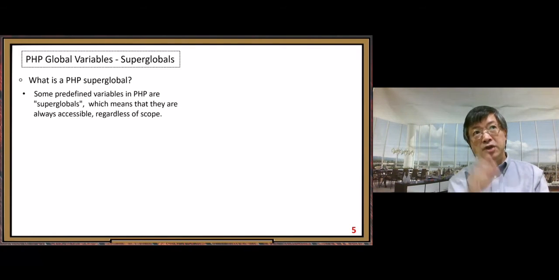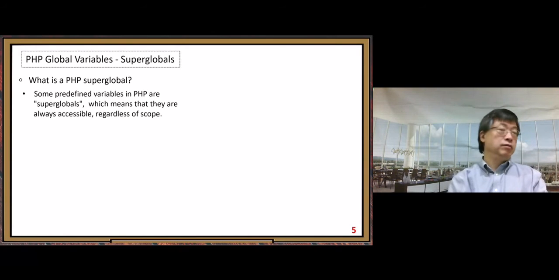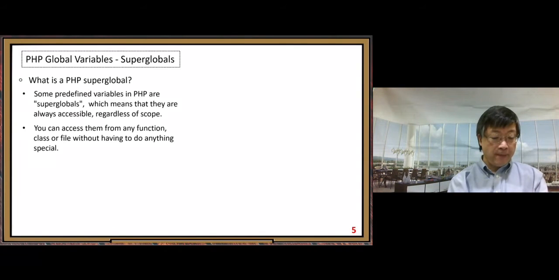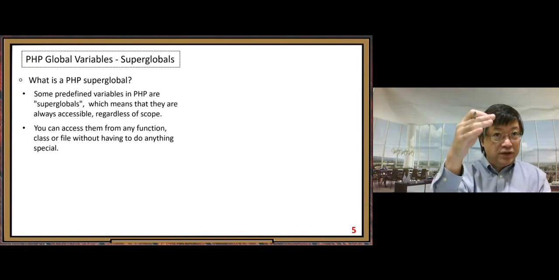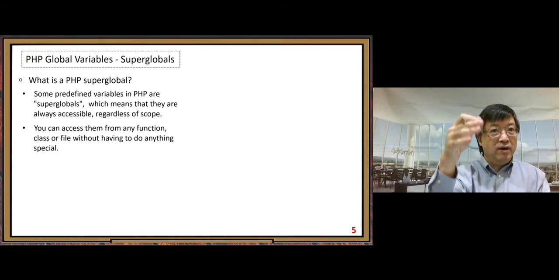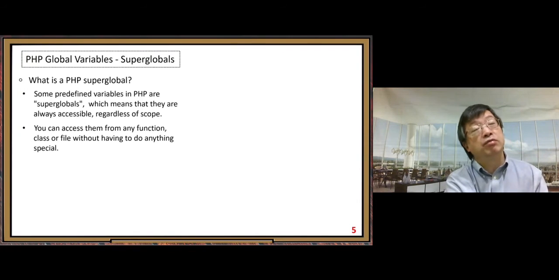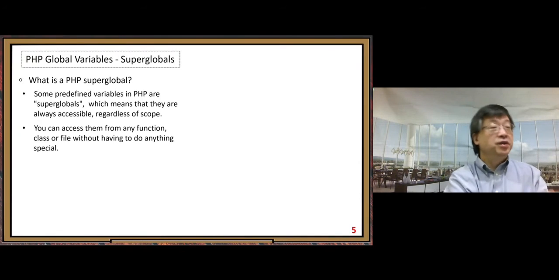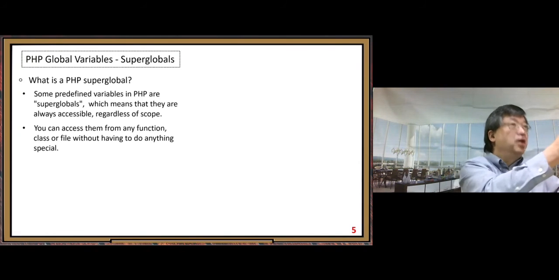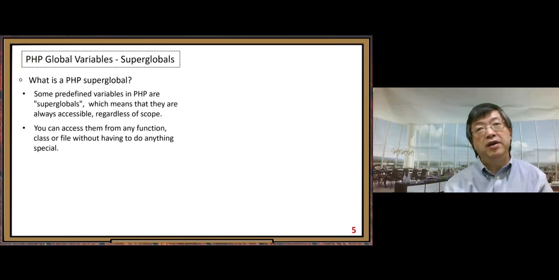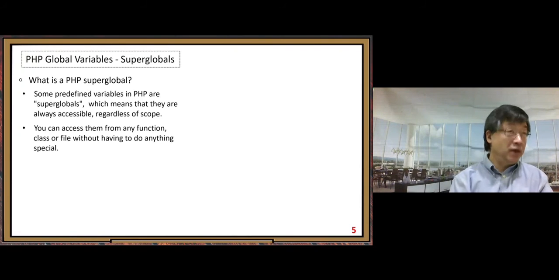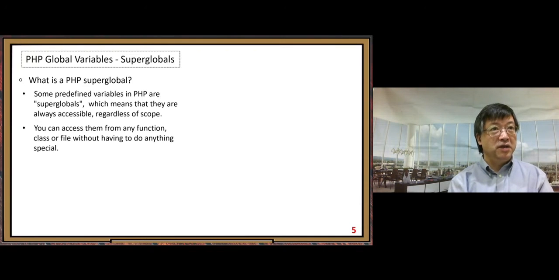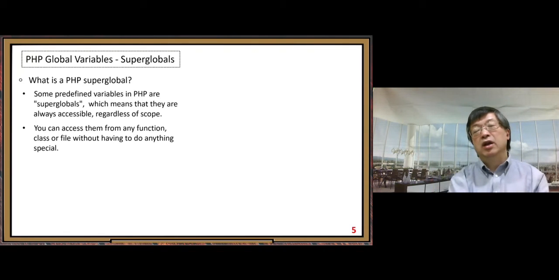You can access them from any function, class, or file without having to do anything special. You don't need to declare the global keyword. Just write the expression directly and you get their values.